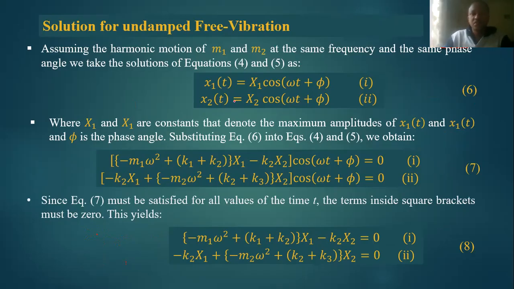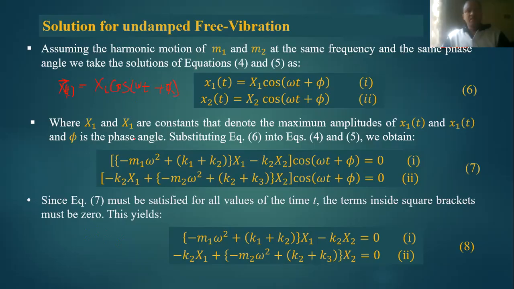Again, for mass 2, x2 of t equals X2 cos(omega t plus phi). So one can generally write x of t in vector form as Xi cos(omega t plus phi). This is the general form of the equation.